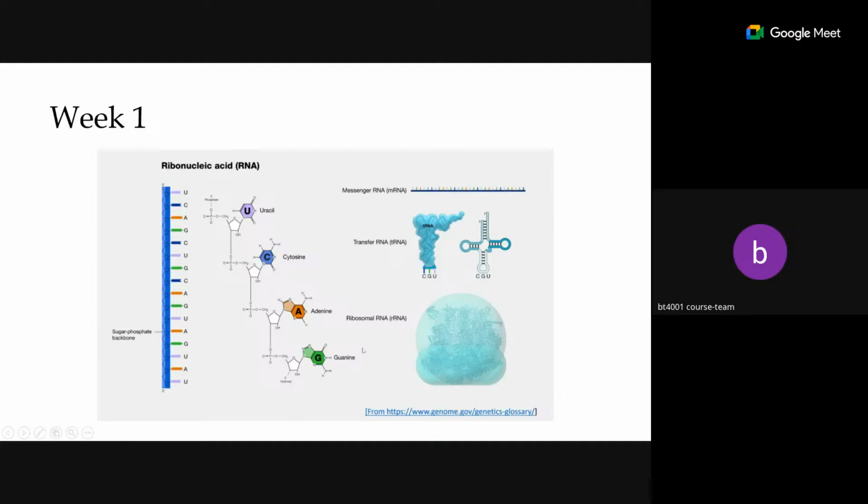tRNA, or transfer RNA, is something different. It consists of exactly three nucleotide bases. It looks the same as an RNA, but instead of a long string of nitrogenous bases, there will be exactly three nitrogenous bases at one end, and at the other end there will be one amino acid.